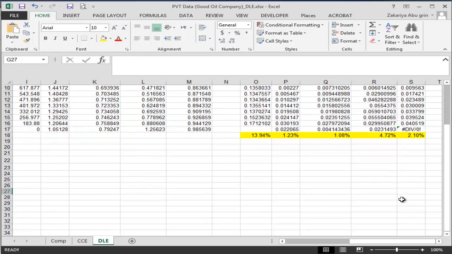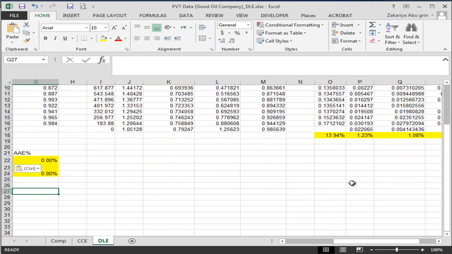There is something good here. When you match the oil density at saturation pressure, you will find that the oil density at DLE is already matched. It means when you match the density at this point by fixing the volume, then that volume will help you even to describe the oil density at DLE.